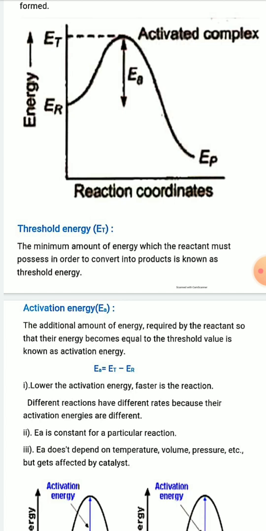Otherwise, the reactant will never convert into the product. The energy of the reactant must overcome the energy barrier of the reaction.